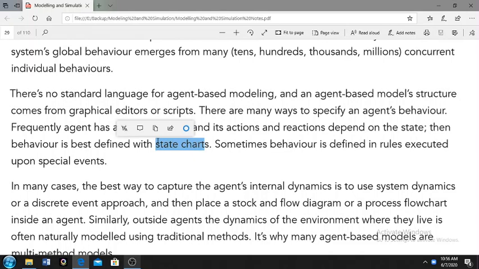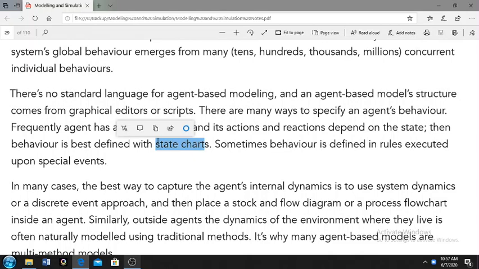So with object-oriented programming, agent-based modeling really gained in popularity, because it shows the different objects, the different agents of a system, and how they interact. And the best way of programming the objects of a system is to use object-oriented programming.